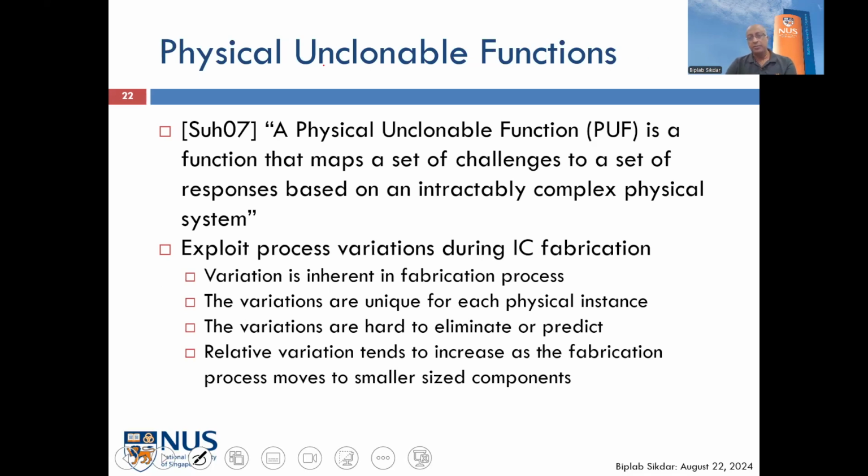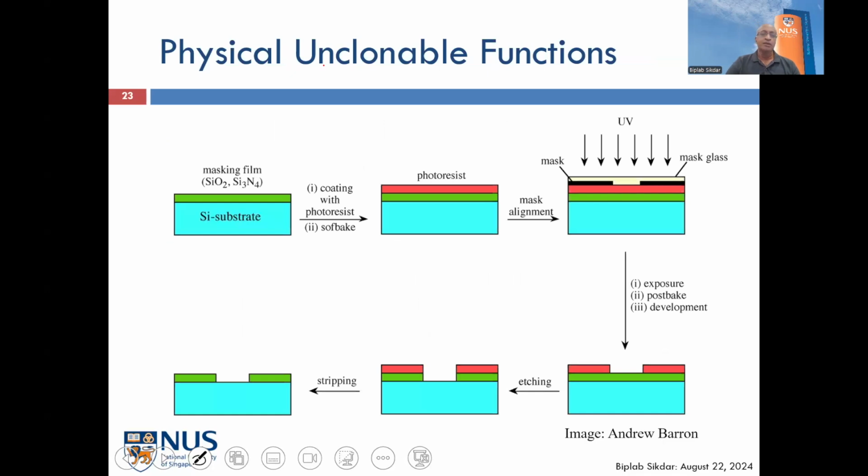So during the fabrication of the integrated circuits that go into the assembly of the IoT device, we can actually create physical unclonable functions that will act as fingerprints of the device. So let me give you an example of that, right? So this is our typical integrated circuit manufacturing process.